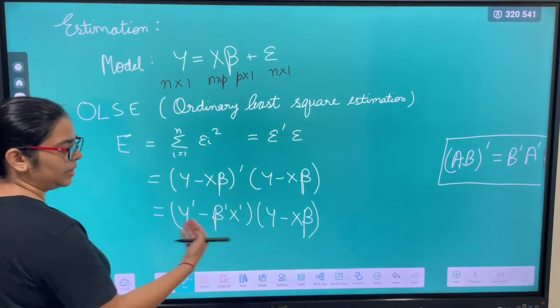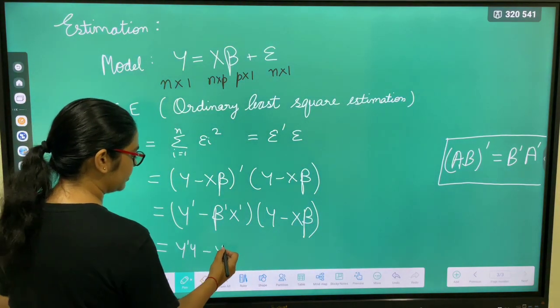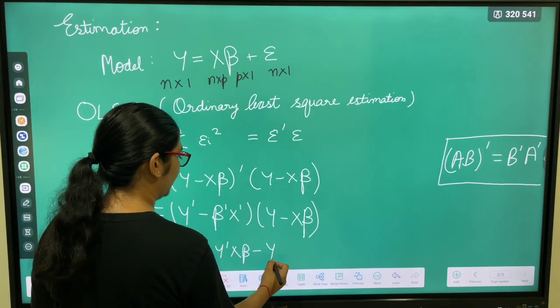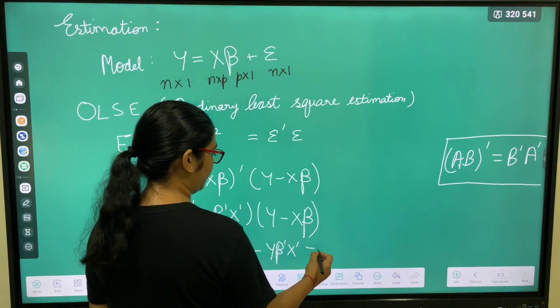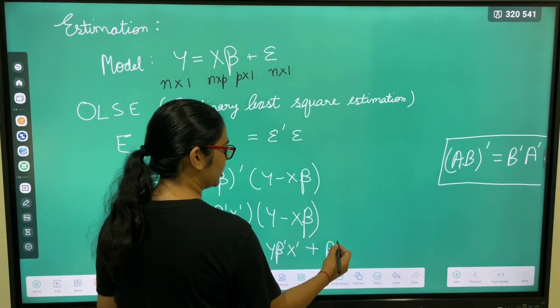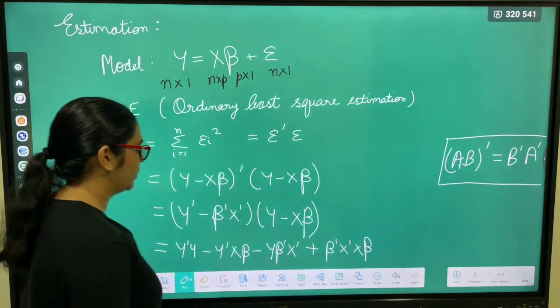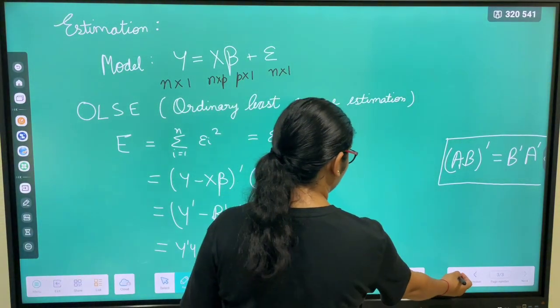So multiplying these two terms, we get y dash y minus y dash x beta minus y beta dash x dash plus beta dash x dash x beta. This will be the value of E.